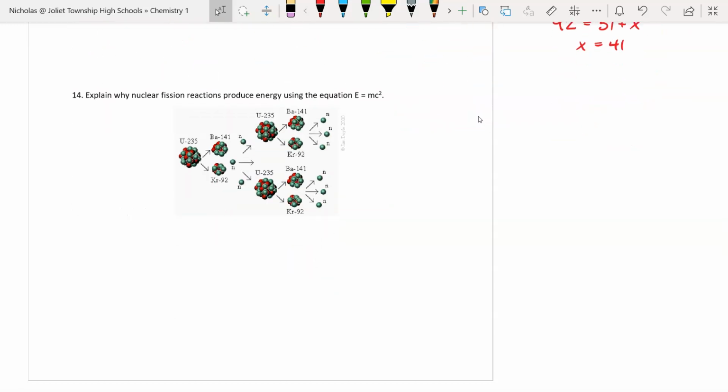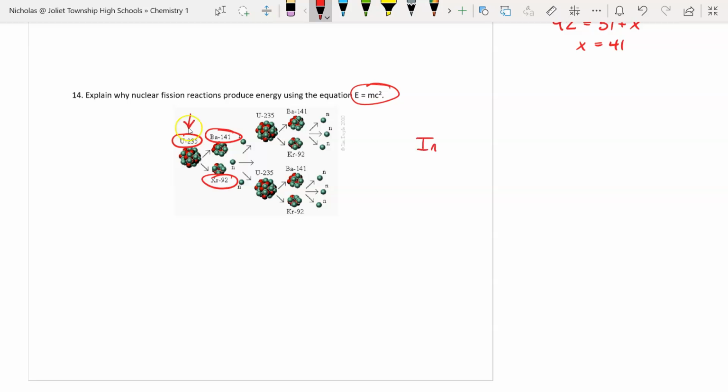Okay. So this one says, explain why nuclear fission reactions produce energy using the equation E equals mc squared. Oh boy, this is a doozy right here. So let's see what we're working with. So we've got uranium-235, we've got barium-141, and then krypton-92. So if you look here, we have a mass of 235 when we start.